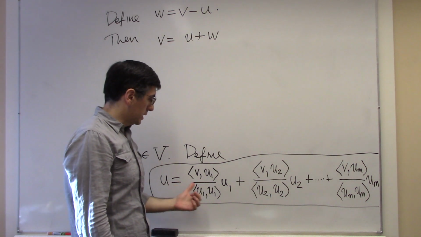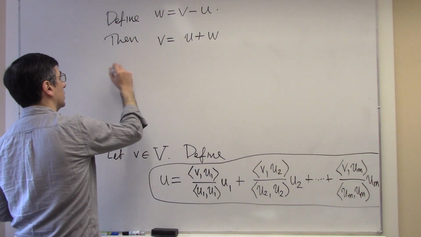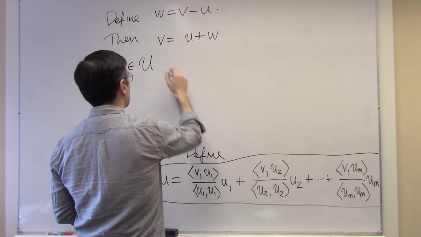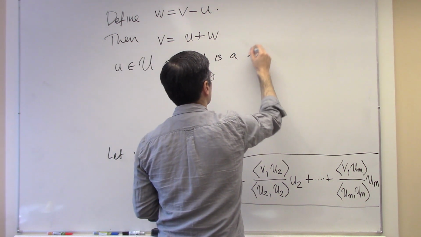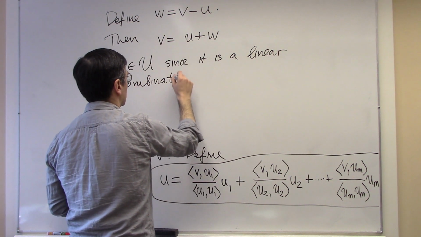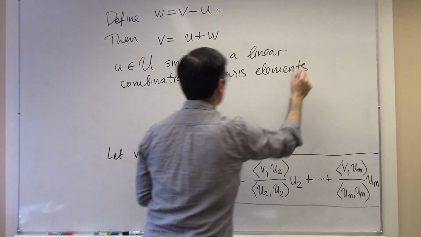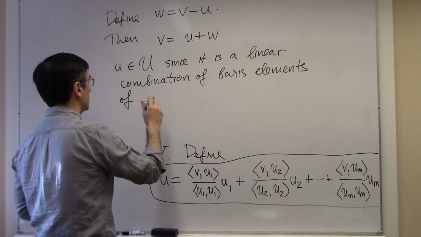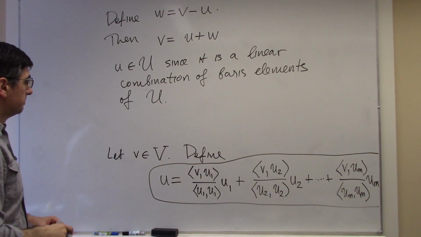It is also clear that this U belongs to the subspace U, since it is a linear combination of basis elements of the capital U. All right.